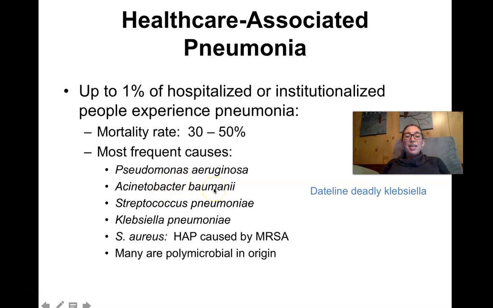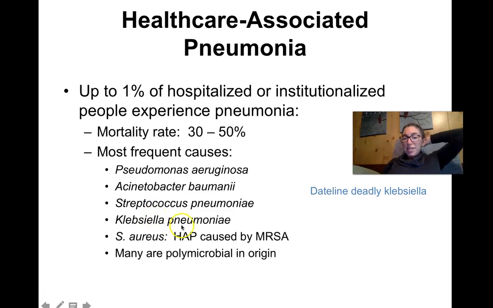Acinetobacter baumannii is an emerging pathogen because it can become resistant to antibiotics really easily. Acinetobacter are naturally competent cells, so they can pick up DNA easily from their surroundings. Although it was not a pathogen for a long time, it's now becoming a problem because it's antibiotic resistant.